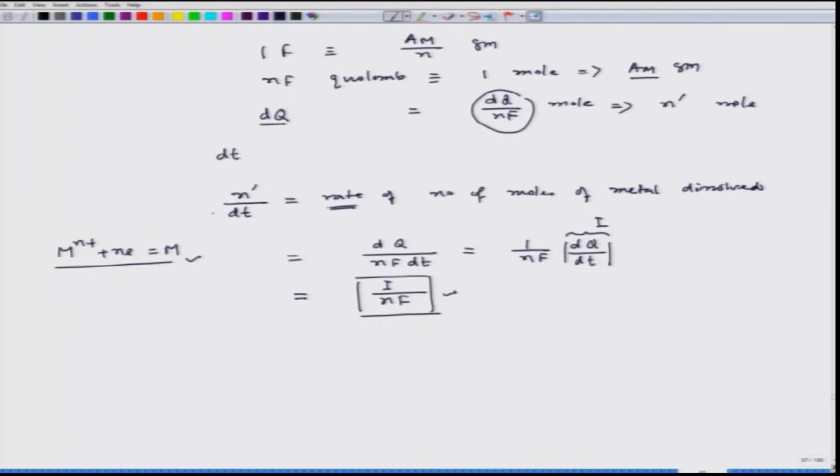So, until we normalize it with area, we will not get the proper expression for the corrosion rate. So, in order to do that, we have to divide it by area.